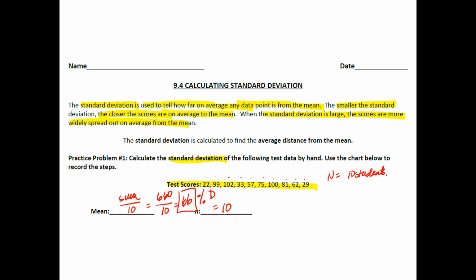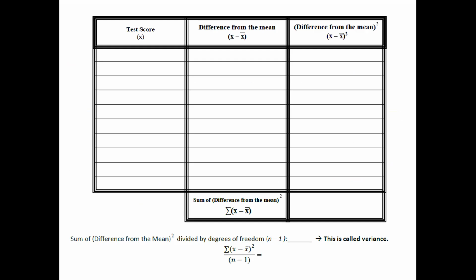So now I'm going to take those two pieces of information and put them in this chart. So my test scores for this are going to be first a 22, 99, 102, 33, 57, 75, 100, 81, 62, and 29. 1, 2, 3, 4, 5, 6, 7, 8, 9, 10.